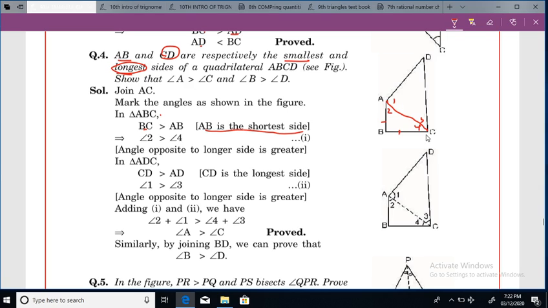So AB is the smallest side, and compared with all the sides, AB is the smallest one. So BC is greater than AB.